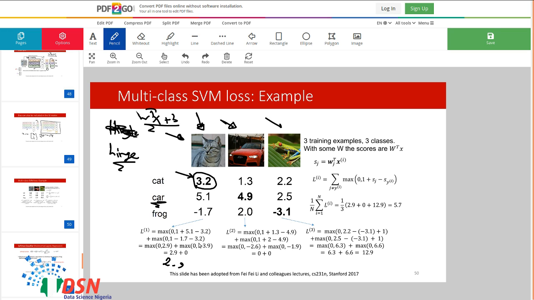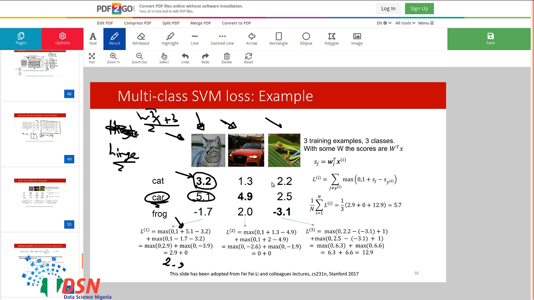As you could see here, we have a loss for the misclassified car, but we don't have any loss for frog because it is minus 1.7, and we have 3.2 here.